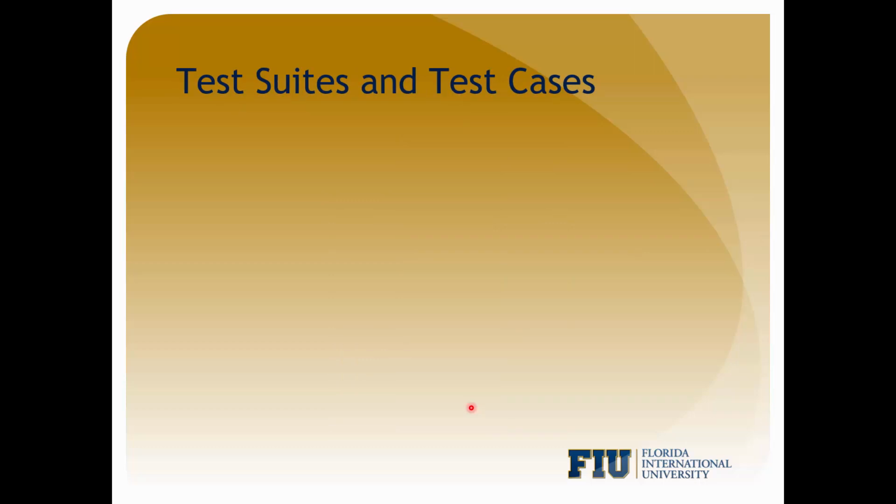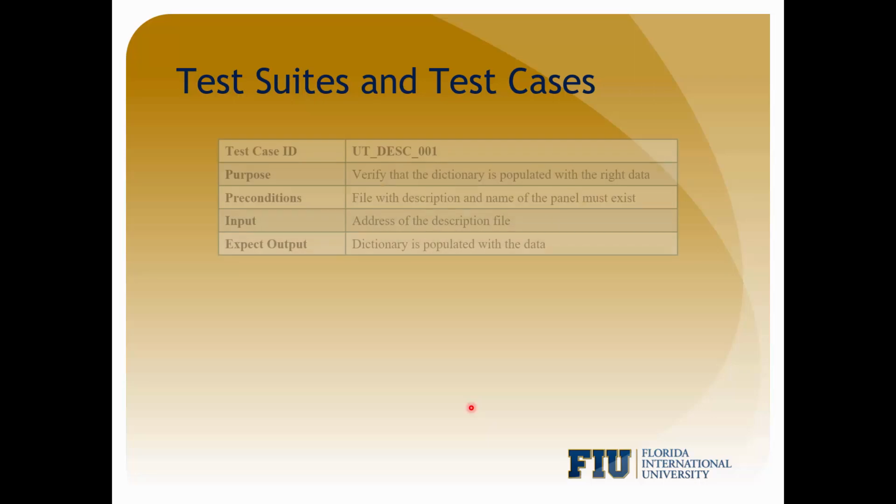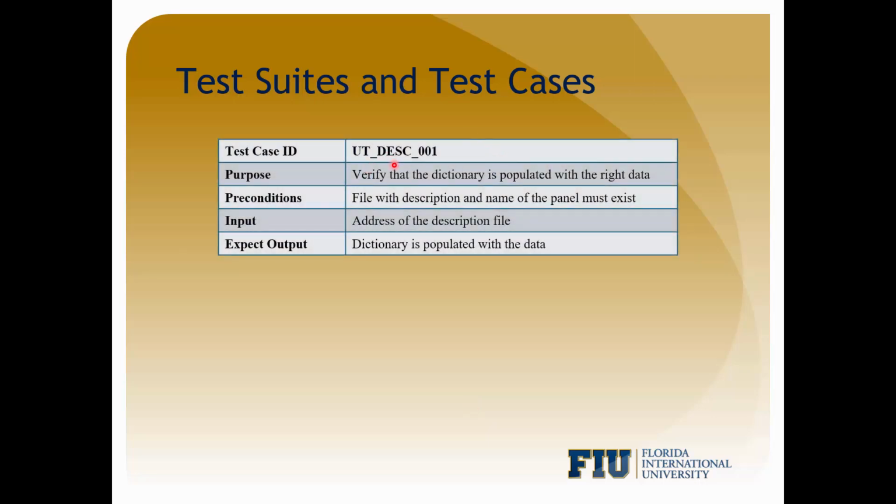For testing our application, we use the NSubstitute library. The first test case we implemented was to verify that the dictionary is populated with the right data. This dictionary is an object in the description class, which gets populated when the program starts.